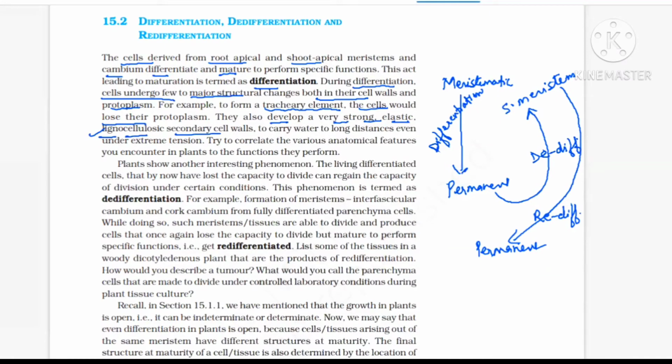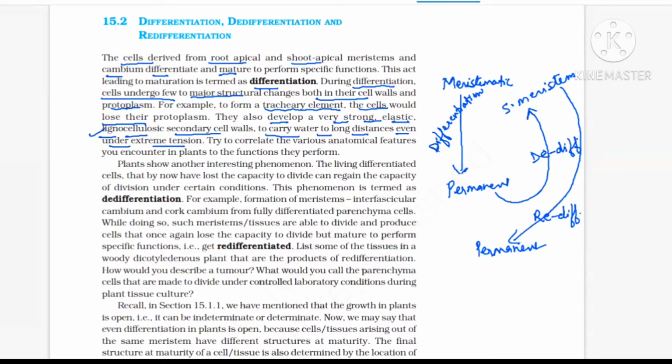Is it clear? And the primary cell wall is of cellulose. Why are they doing it? So that they can carry water for long distances, even under extreme tension conditions. Tension conditions means when it is a very hot season and the plant is continuously losing water by transpiration, then also xylem can provide the water.